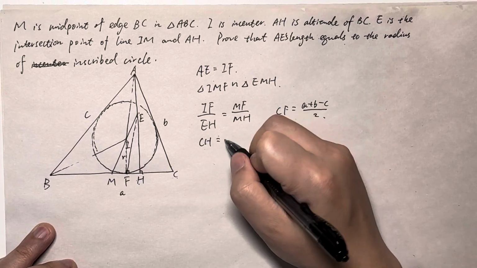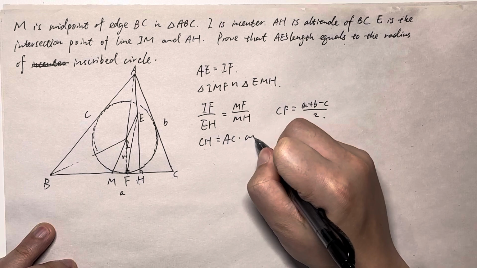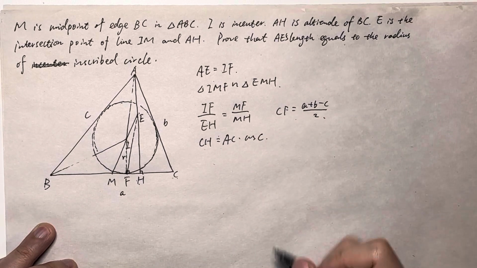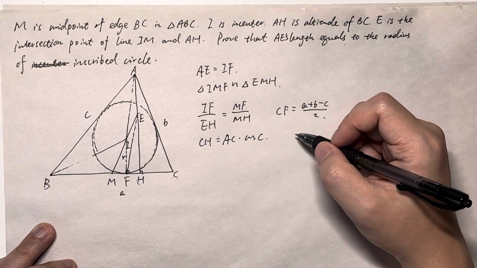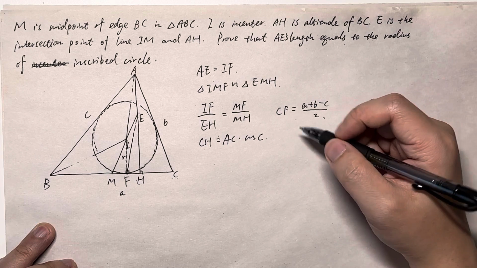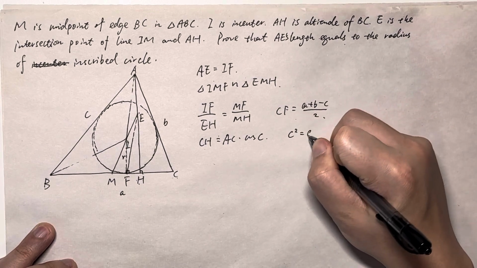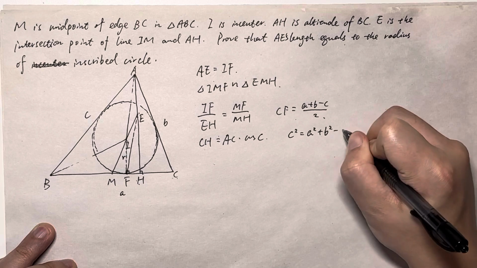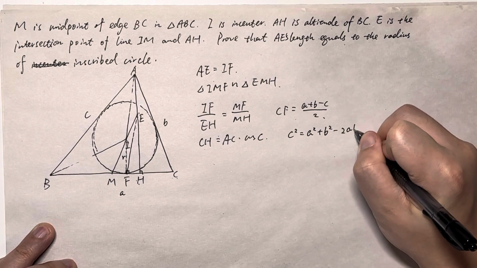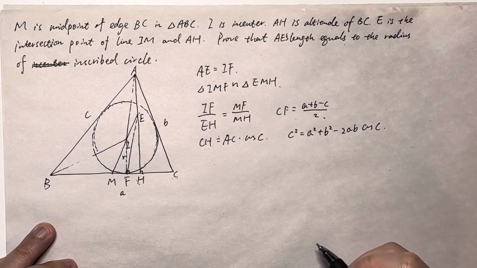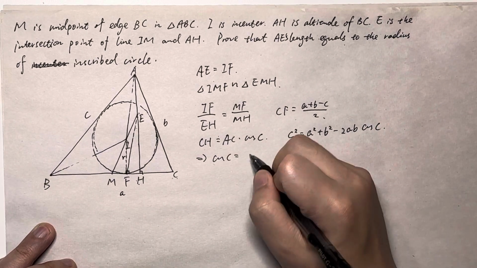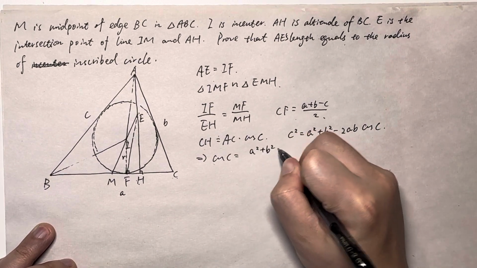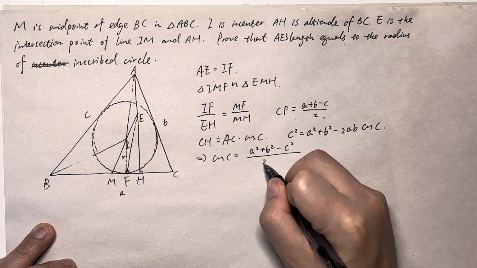CH equals AC times cosine C, and cosine C can be calculated with the cosine theorem: c squared equals a squared plus b squared minus 2ab cosine C. That means cosine C equals a squared plus b squared minus c squared divided by 2ab.